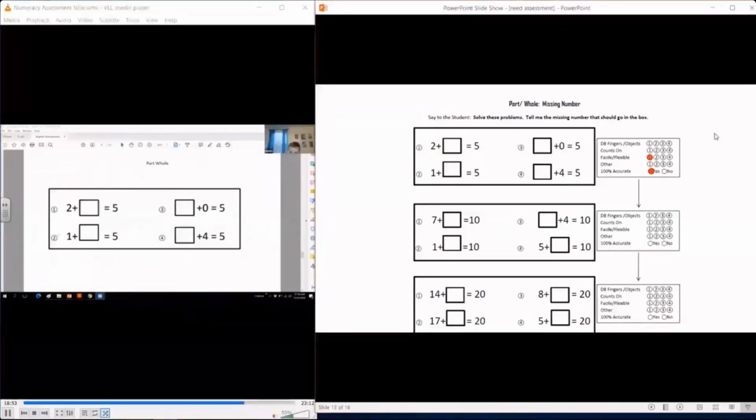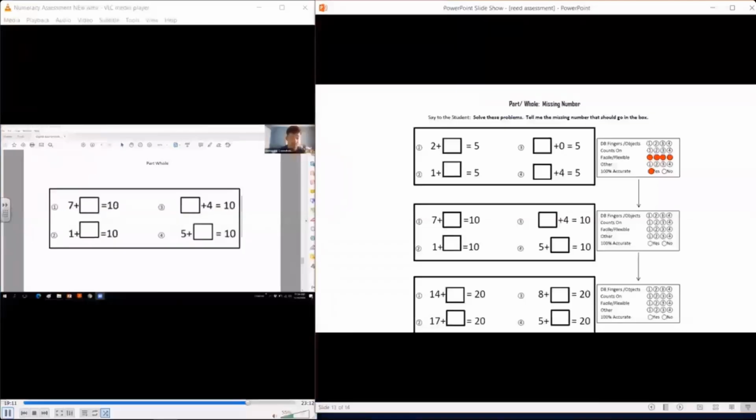Sorry, you did. Okay, so what number would go in this box? You went across and I went down. Okay, what number would go in this box right here? 4. And what number would go in this box right here? 1. All right, ready for the next one now? See where it says number 1 right there? Okay, so he was able to get facile flexible for all 4 of those.